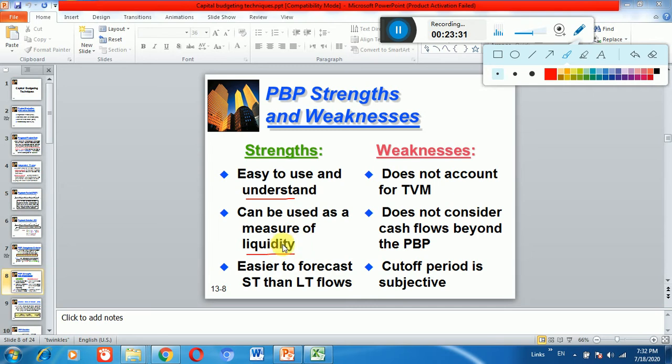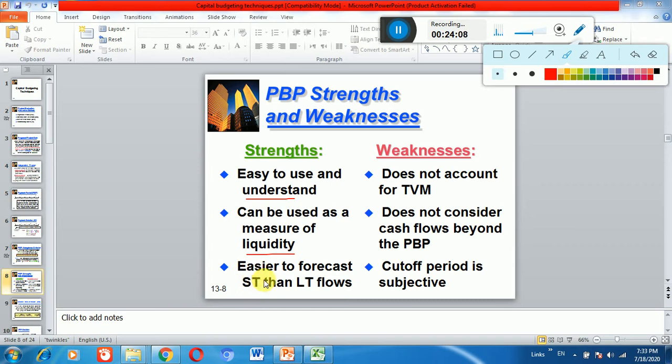So if you want to determine it, one way is just to use the payback period, and also it is easier to forecast short-term than long-term flows. Okay, if you want to know about the short-term flows, how much cash flow is generated in the first, second, third year, depending on your required payback period, then you can easily know whether the cash flow is sufficient to meet your required payback period duration or not.